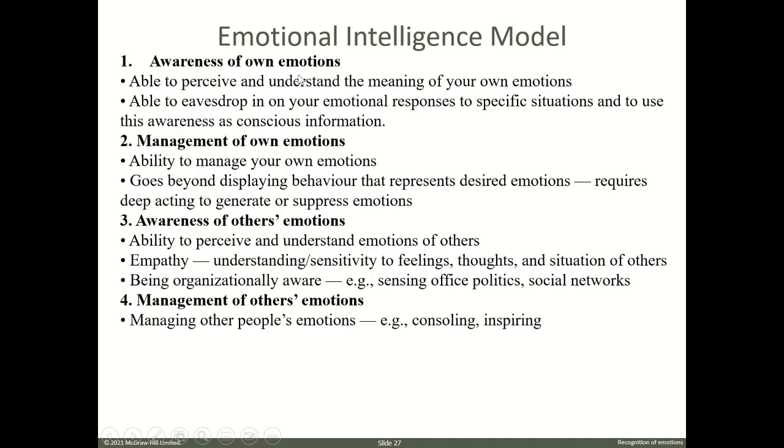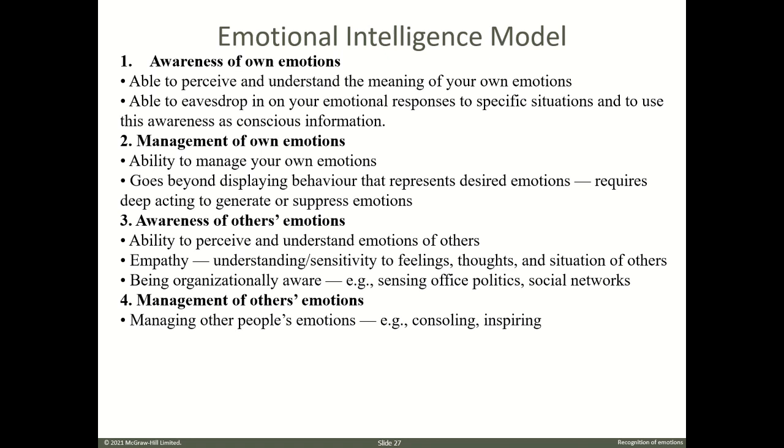So awareness of your own self means being able to perceive and understand the meaning of your own emotions, and being able to eavesdrop on your emotional responses to specific situations, and to use this awareness as conscious information. Second is management of your own emotions.